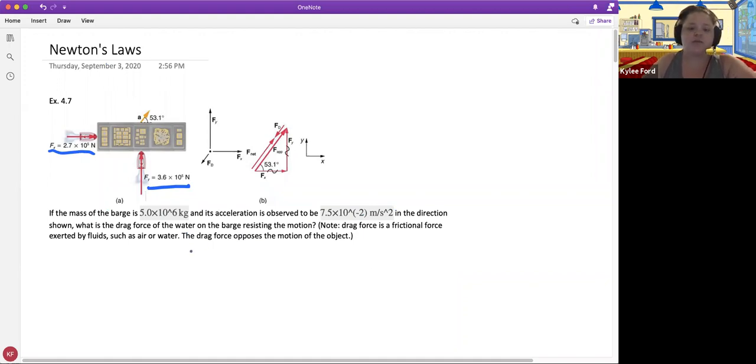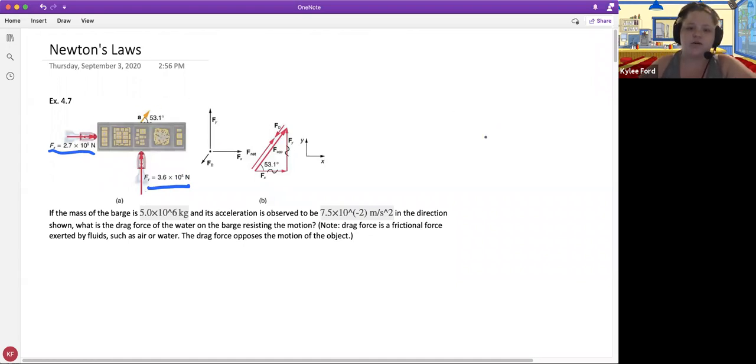Okay, so that may have felt like a lot of information, but once we break it down, you'll see that it's not too bad. So our first step would be to draw our situation, which they have already, which is good, so that I don't have to try to draw it for you and fail miserably. And then you want to start breaking down all of our components.